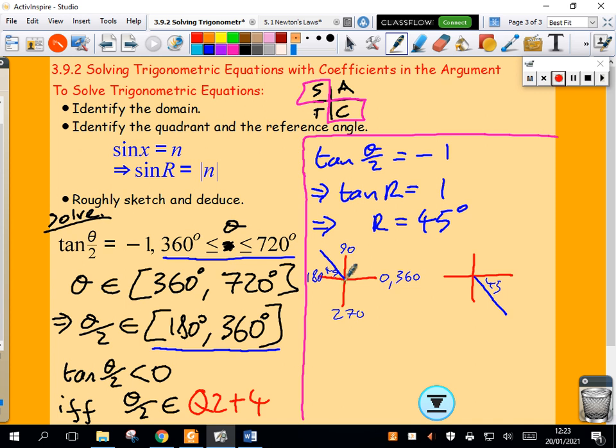Well, this angle here in quadrant 2 is not between 180 and 360, so we can discount that. That is not going to be in there, so we can get rid of that. So my angle in this case is going to be in here. Okay, 45 degrees. Theta over 2 is equal to 360 minus 45. That's 315 degrees.